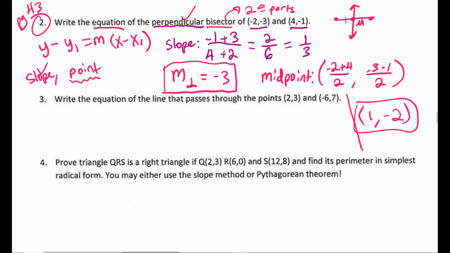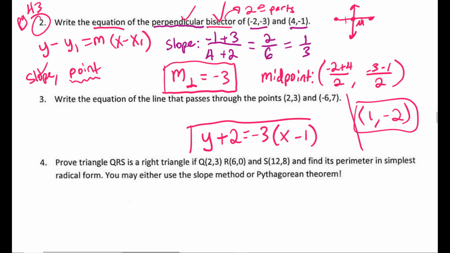So here's the point we're going to use. That's the midpoint of the segment. So once we took the slope, then took the negative reciprocal, that takes care of the perpendicular part, and then find the midpoint, that takes care of the bisector part, you can just plug straight into point slope form. So that's going to look like y minus -2 or plus 2 equals my slope times x minus 1.